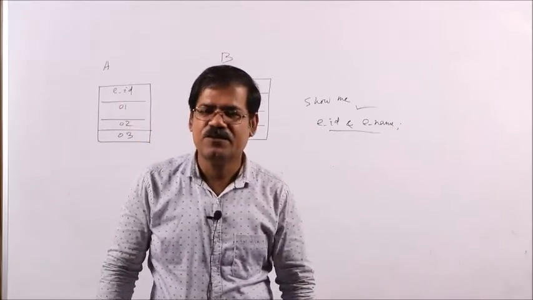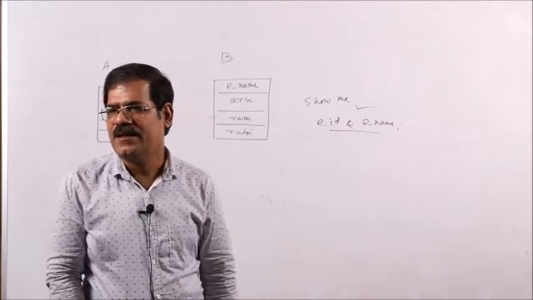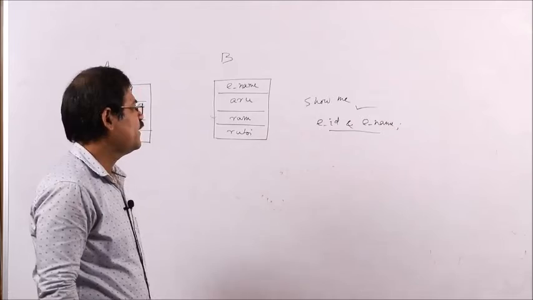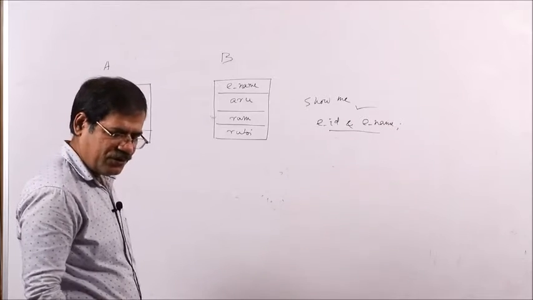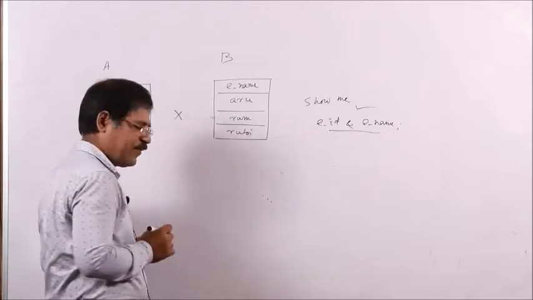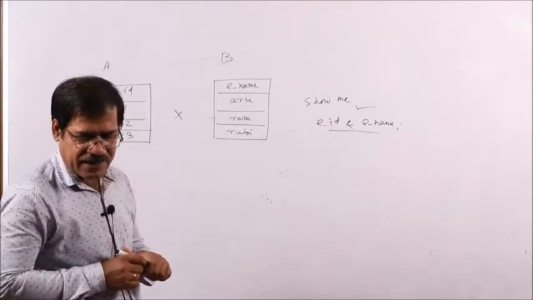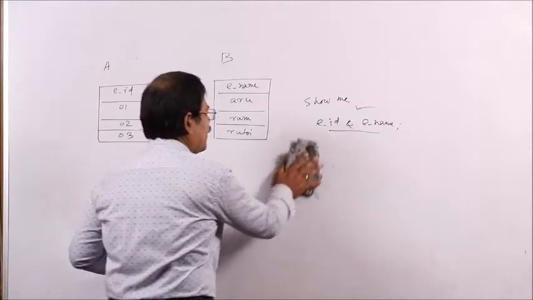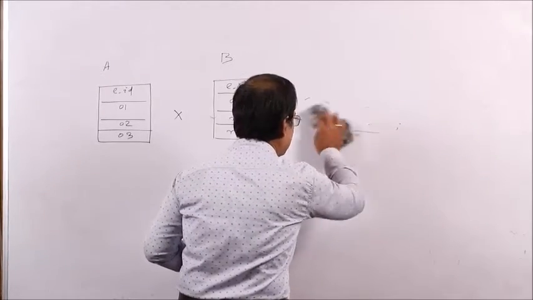But here joining of two tables is not possible. So, what you do is perform a Cartesian join, that is called the Cartesian product between two tables.